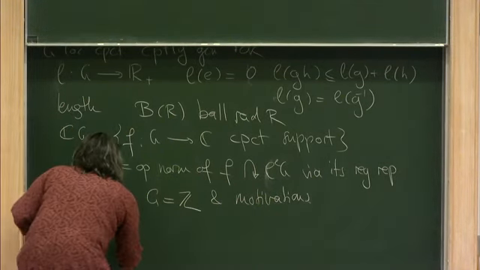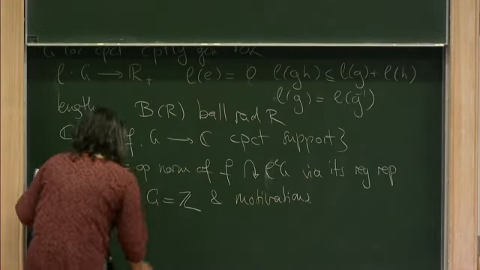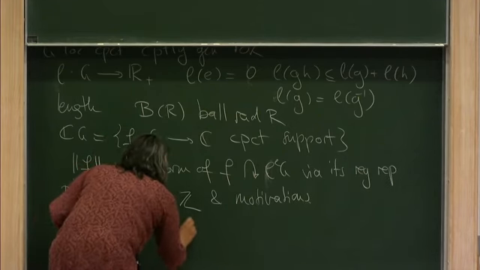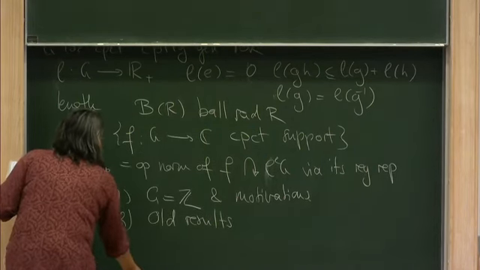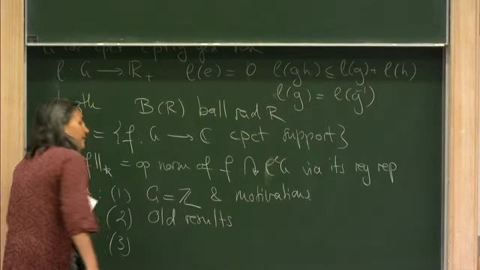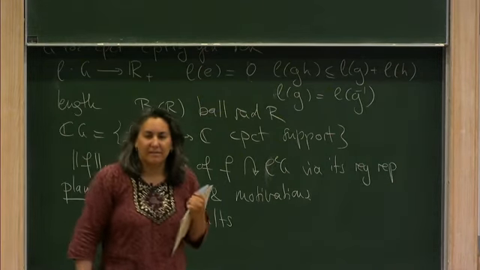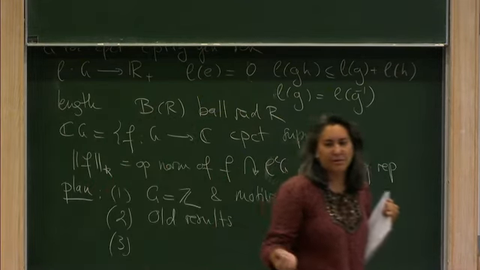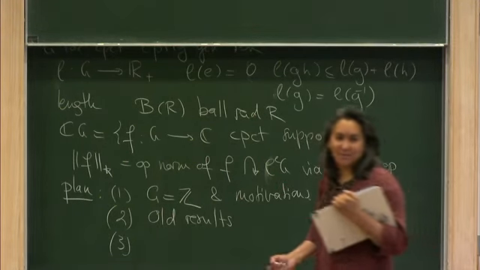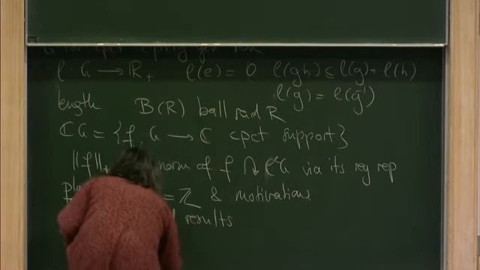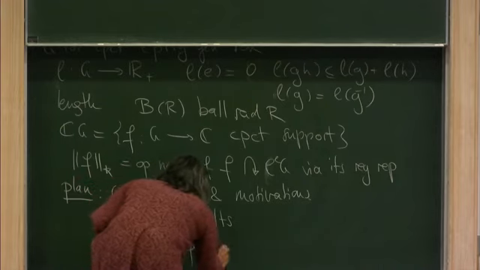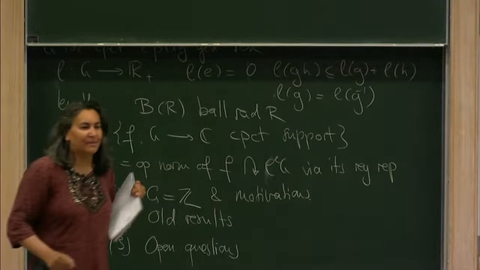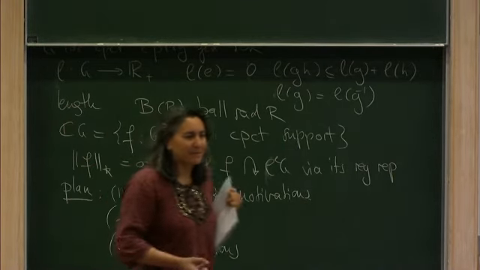And then I'm going to discuss some old results. Maybe I shouldn't have said new questions because, hopefully they're new to you, but maybe they're not that new. I should say open questions. Some of them are new, but what can you do with the old questions, right?